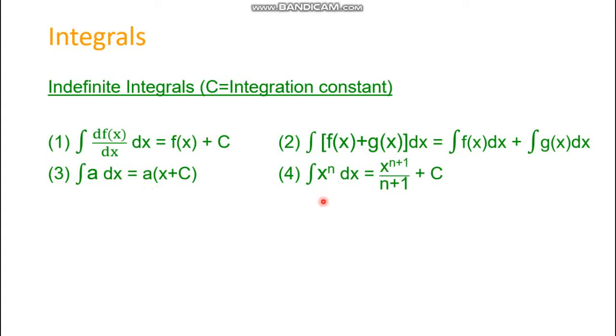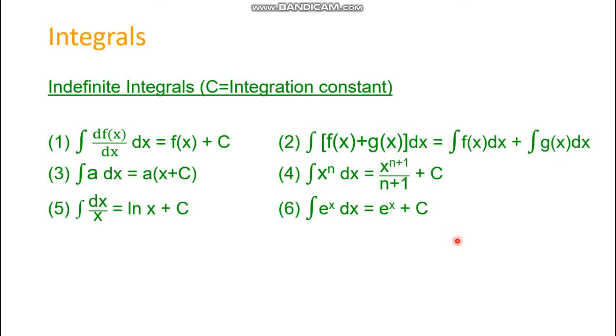And if n is some positive integer, an integral number, then the integral of xⁿ dx would be x^(n+1)/(n+1) plus the integration constant. If it is dx/x, then its integration results in natural log of x plus the integration constant.